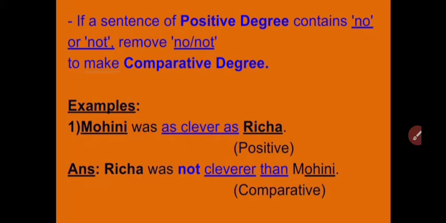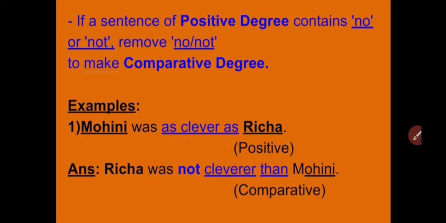Means if the positive sentence has no or not, you should remove no or not in comparative, and if the positive degree sentence doesn't carry no or not, you should apply no or not and make the comparative degree in negative formation. Let's make it clear with some examples.